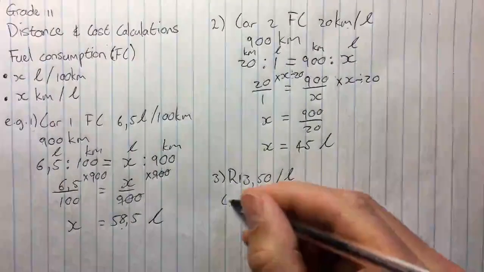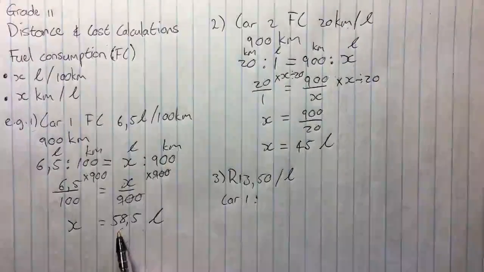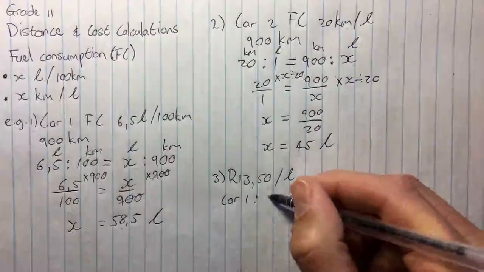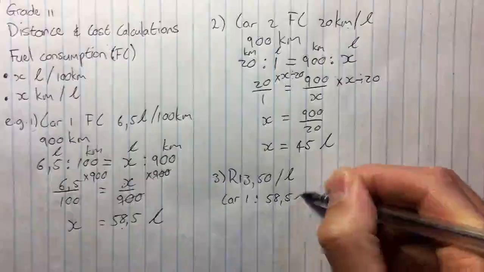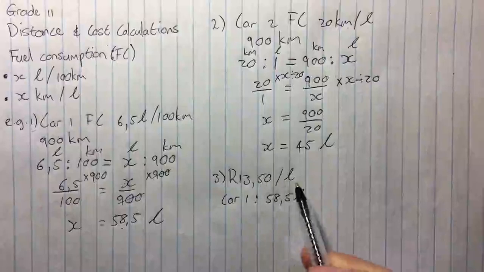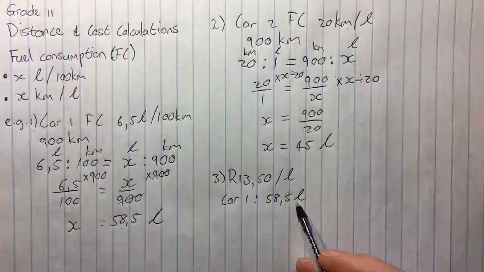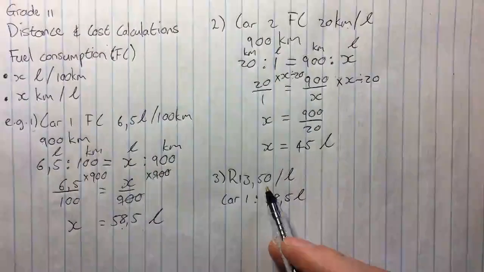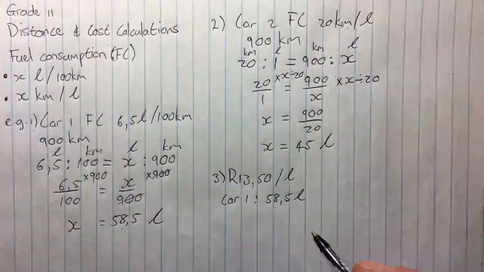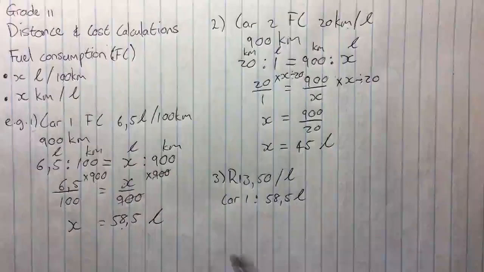Okay, so for car 1, it used 58.5 liters. And we have the price per liter now, okay, that you get at the fuel station. So now we can just multiply the 58.5 liters with the 13 Rand 50. Okay, then we get the cost that car 1 has to pay to drive the 900 kilometers.